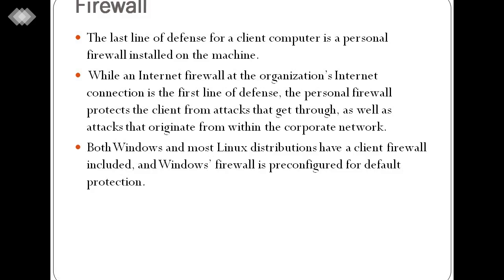The personal firewall protects the client from attacks that get through, as well as attacks that originate from within the corporate network. Both Windows and Linux distributions have a client firewall included, and Windows Firewall is pre-configured for default protection.